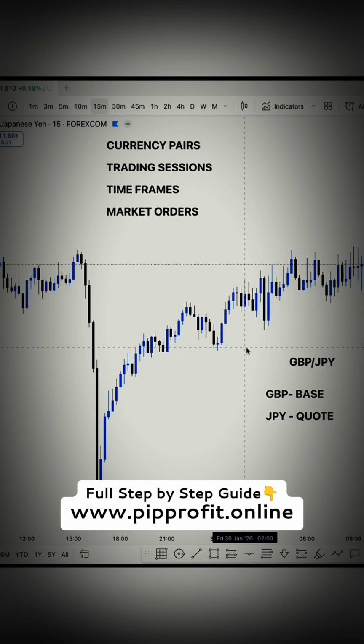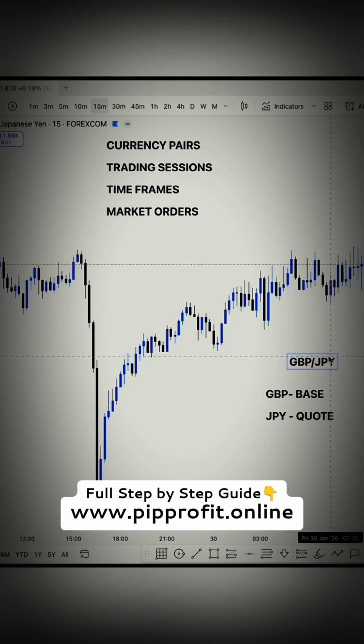But when the movement is tilting to the downside, then the quote currency is doing better than the base currency. So that is it. Let that enter. The blue candlesticks here, because I've been able to customize mine, are called bullish candlesticks. The bullish candlestick represents the base currency, while the bearish candlestick represents the quote currency.